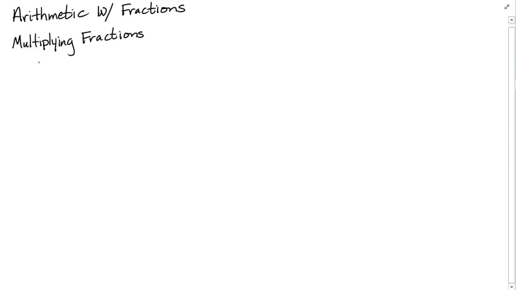So for instance, let's take 3/4 times 8/9. Now, if we want to talk about multiplying fractions, there's a couple things that we want to keep in mind. The main rule is this, and we'll write it in real informal language.